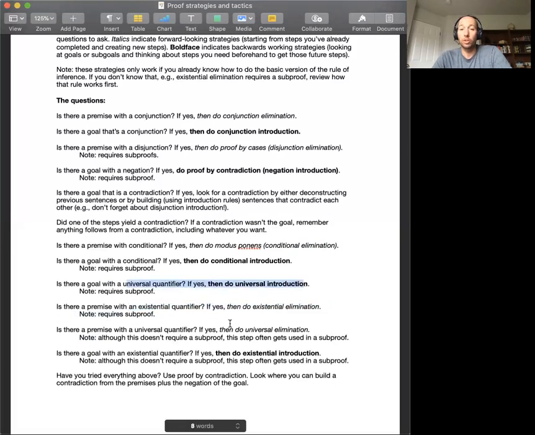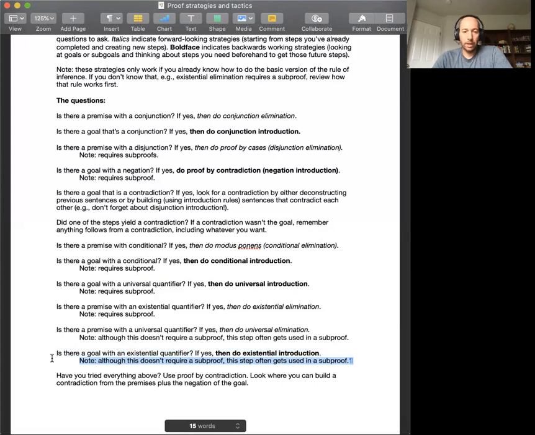So I have ordered these questions specifically. Don't skip ahead to one of these other questions without having asked the earlier questions first and using the proof strategy that corresponds with it. The final question then is, is there a goal with an existential quantifier? If yes, then do existential introduction. Here again, this rule of inference does not itself require a subproof, but it often will get used inside the scope of a subproof, as you saw with some of the examples using existential elimination.